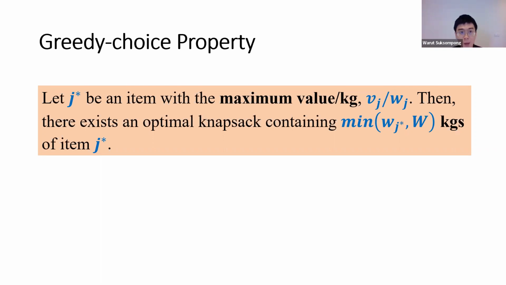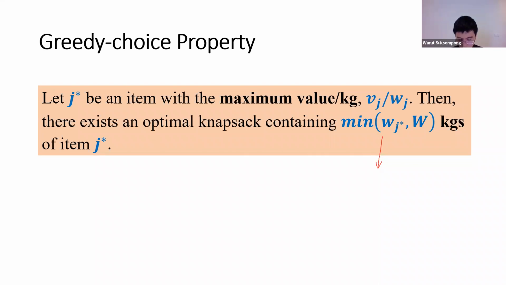Then this greedy choice property says that there exists an optimal knapsack that contains the minimum of Wj star and capital W kilograms of item j. Now, this expression minimum might be a bit confusing at first, but what's going on here? This minimum of 2 quantities has 2 cases.